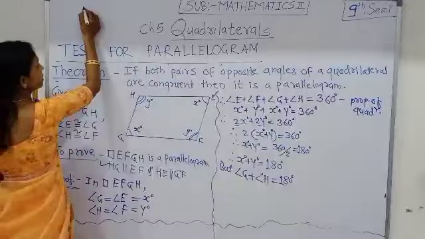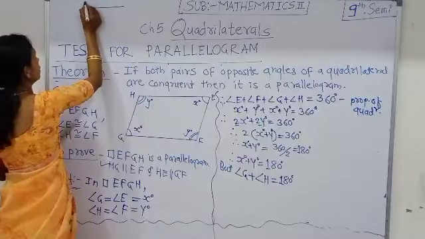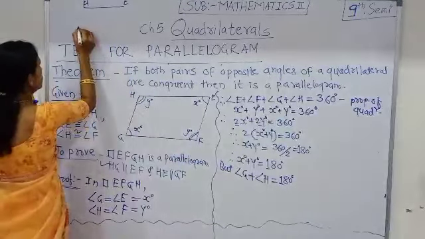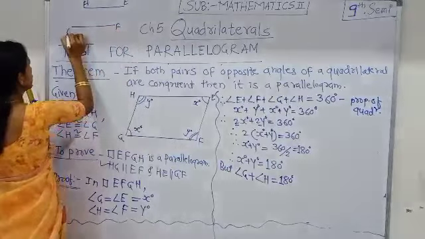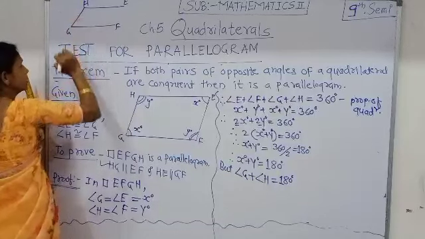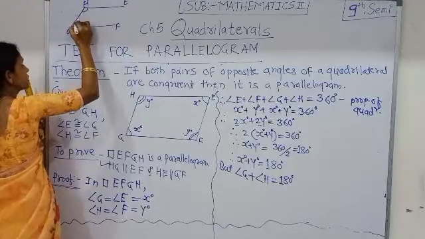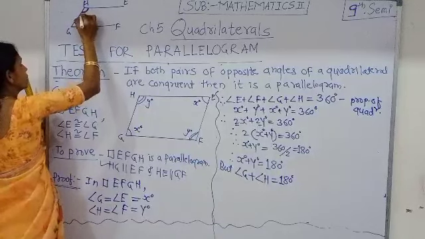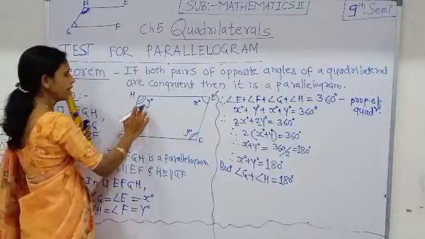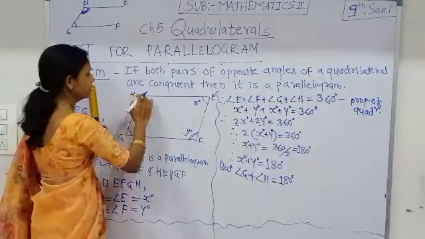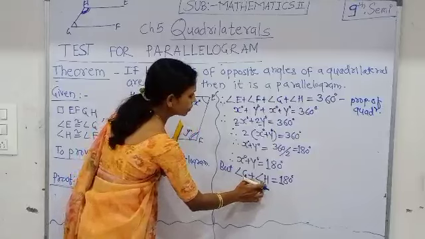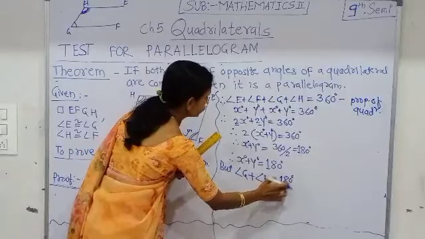Here side EH and here GF are the two sides of which the transversal is HG, and this angle and this angle are interior angles. That means angle Y and angle X, that is angle G and angle H, are interior angles. The sum of the measures of these interior angles is 180 degrees.